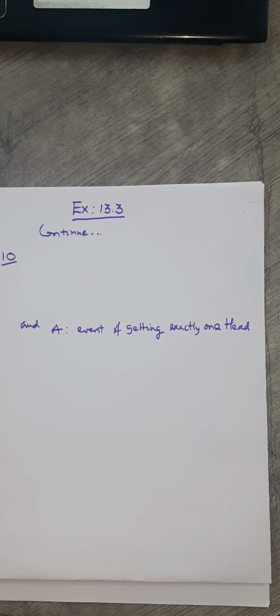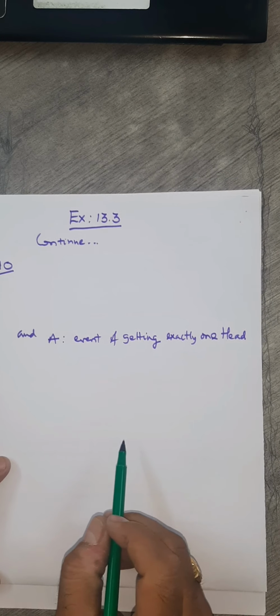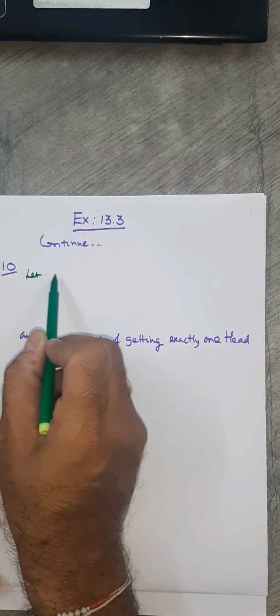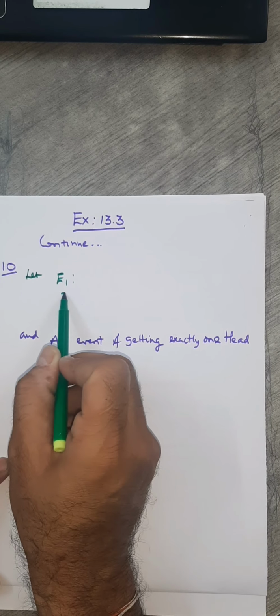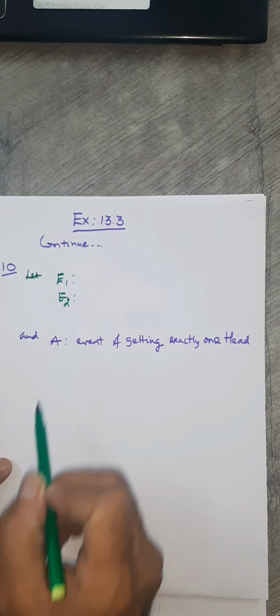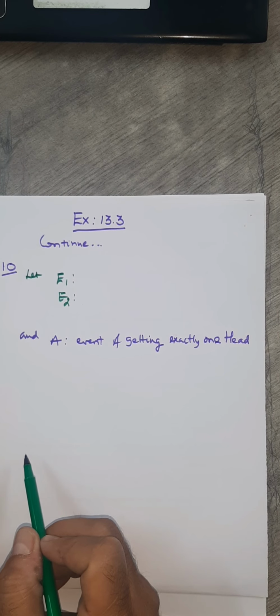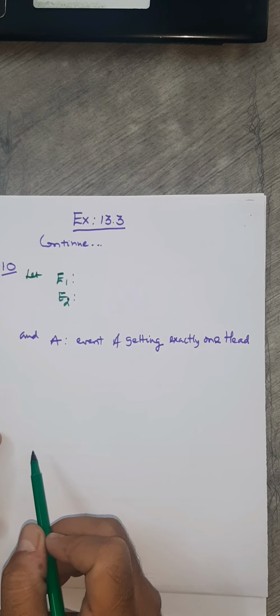Now you must have those two events, E1 and E2. How do you define E1 and E2? That is connected with the question. What is the probability that she threw 1, 2, 3 or 4 with the die?